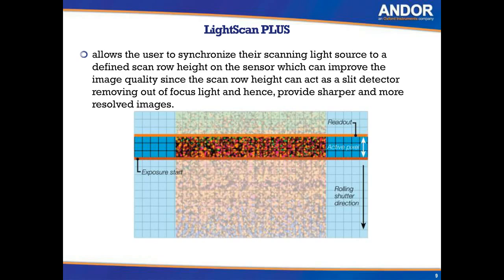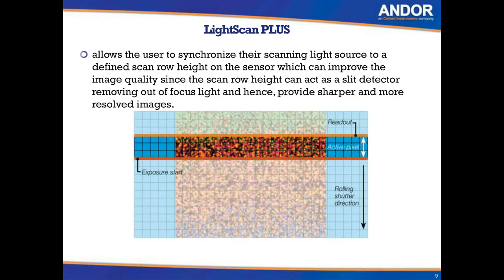And what this feature of Light Scan Plus actually allows you to do is synchronize your scanning light source to a defined scan row height on the sensor. So you can decide how wide you want this exposure window to be. For example, you could have it be as small as one row or as wide as the full chip.